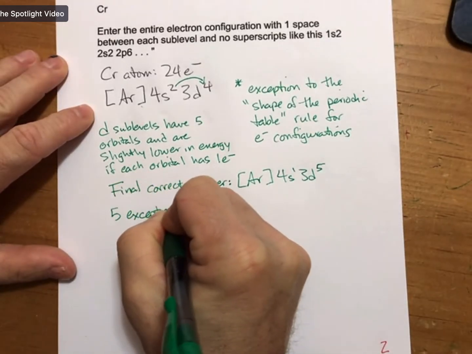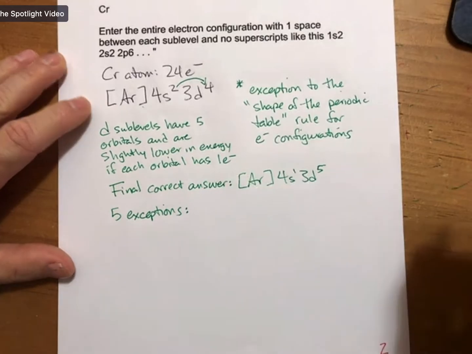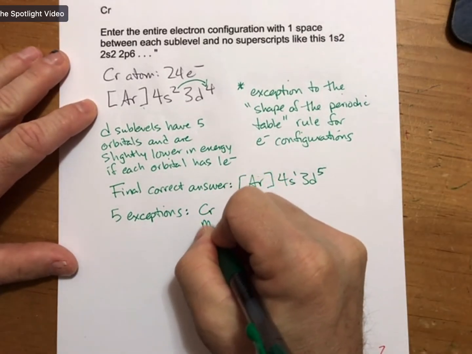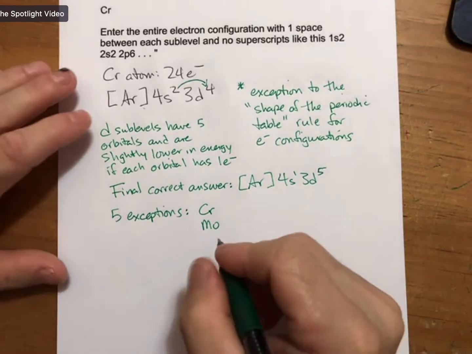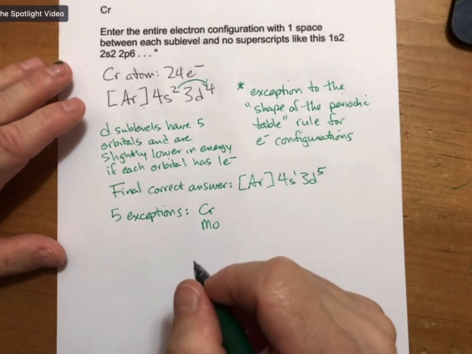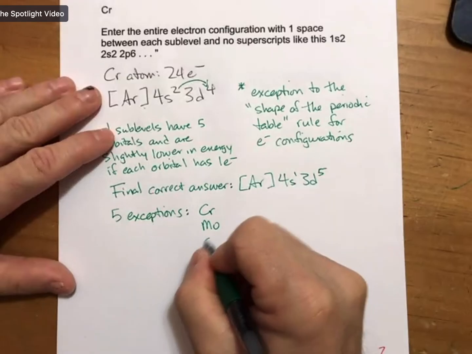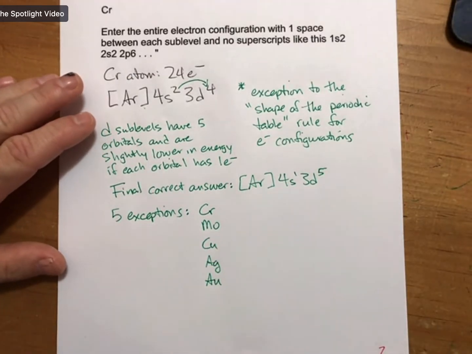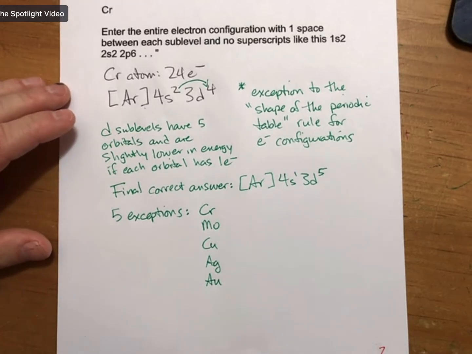There are actually more exceptions on the periodic table, but these are the only exceptions you have to know. They are chromium, molybdenum, and what are called the coinage metals, copper, silver, gold, because that's what typically gets made into coins.